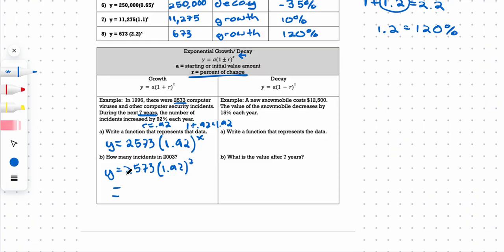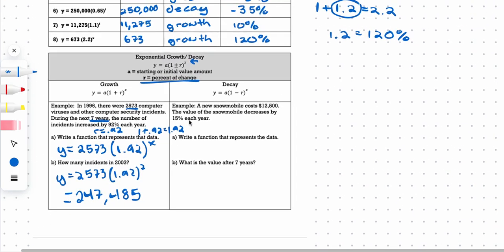Let's see, I got 247,484, or 400, I'm just going to round to nearest whole number, 485. So it shows there were a lot of computer viruses and other computer security incidences.